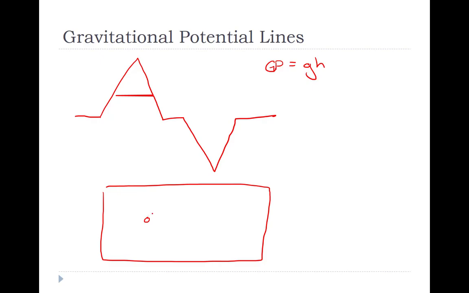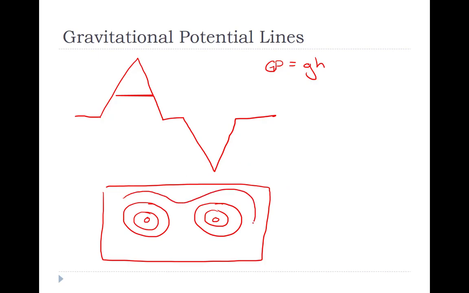Okay, so my mountain is going to look like concentric circles. My valley will also look like concentric circles within my ability to draw that. And then there may be one that kind of looks like a peanut surrounding this. I feel like I've drawn a really angry alien at this point, but that's okay.